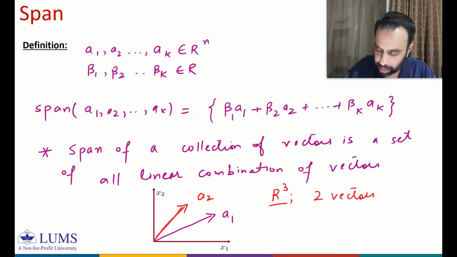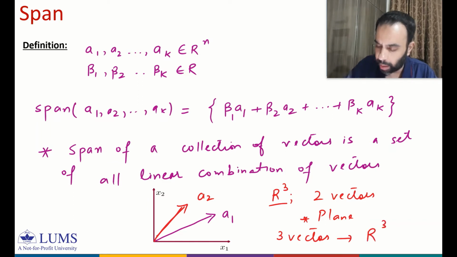So if two vectors are linearly independent, the span of those two vectors would represent a plane. And if we take three vectors and these three vectors are linearly independent, what we get is the whole R3. Right? So this is span. Okay, now let's talk about linear independence.